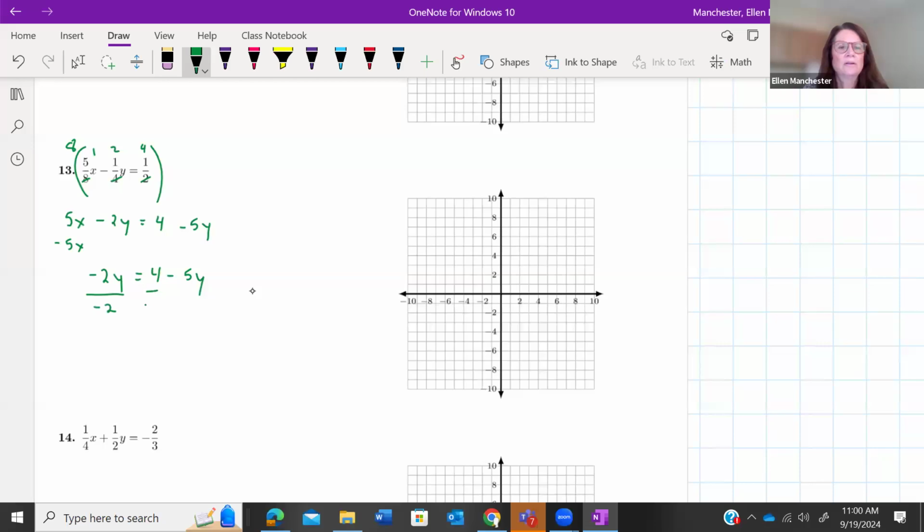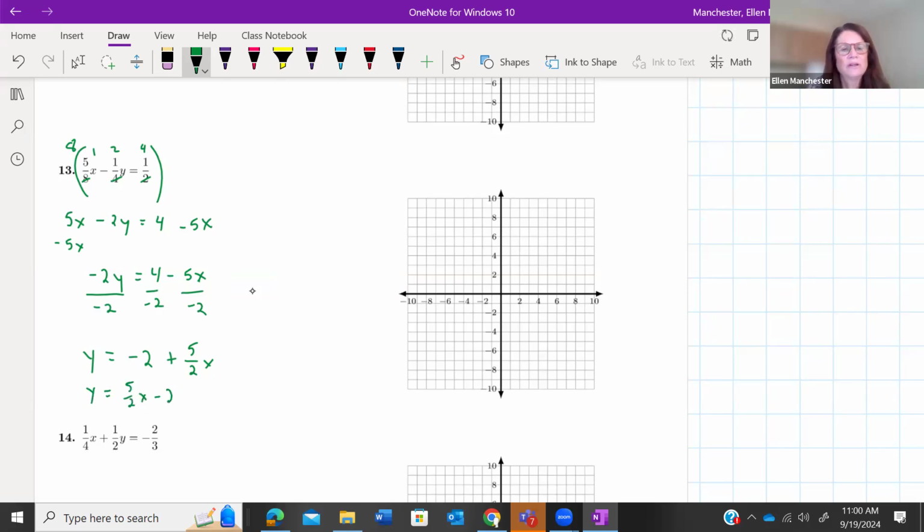Divide both sides by -2. So we get y equals 4 divided by -2 is -2, and then plus 5/2 x. Sorry, should be an x. All right, so again, if you need to, you can rearrange it.